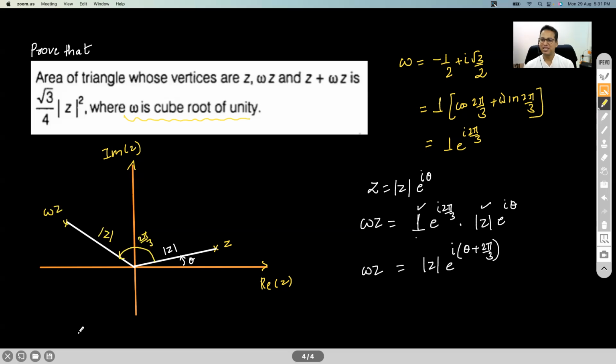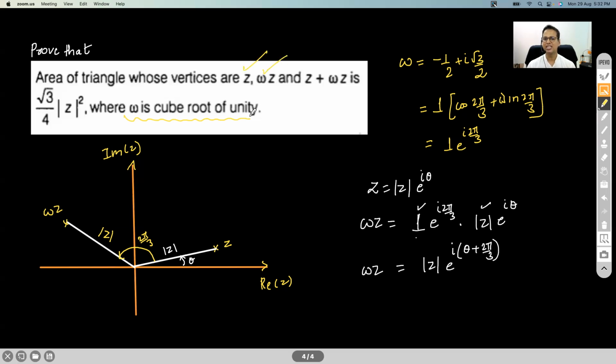So basically a rotation has happened. Are you getting my point here? This is something which we had already started learning when we were doing multiplication of complex numbers. Are you able to recall that multiplication concept? A similar thing was happening.